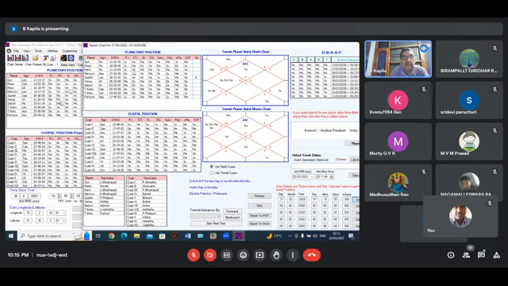Moon is nowhere appearing in the sublord position. It means that the ascendant sublord that I can have for the event of marriage is either moon or Jupiter or Venus. Is it okay? Either moon or Venus or Jupiter.